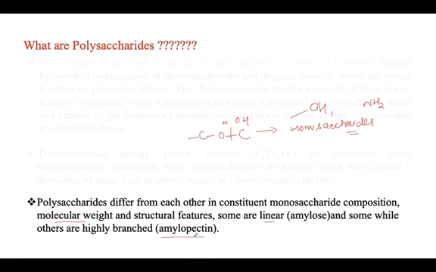That means we may have 1-6, 1-4, 1-3, 1-2 linkages, which give linear molecules, and then there is another type of linkage which may arise because of 2-6, 2-3, 3-4, which gives a branched structure. So they may have a linear structure or a branched structure.